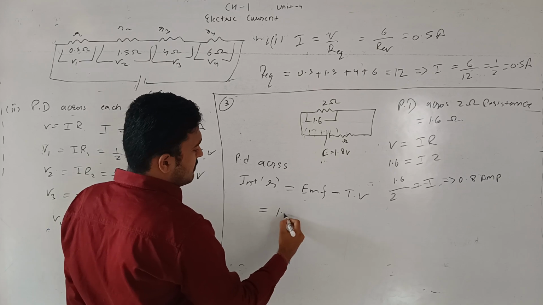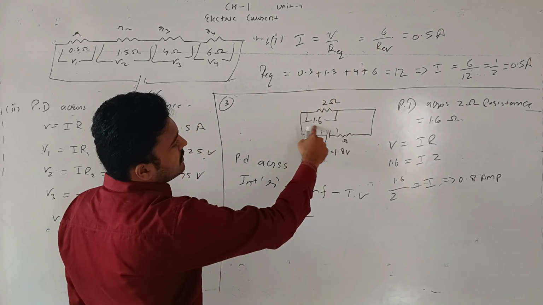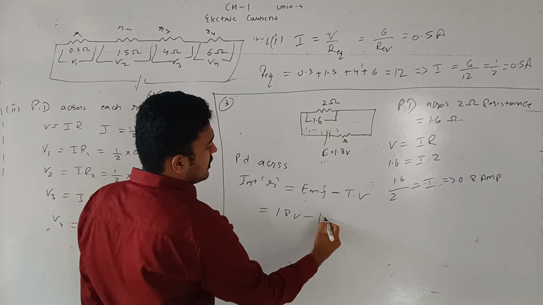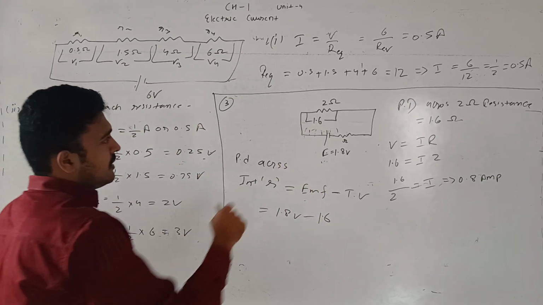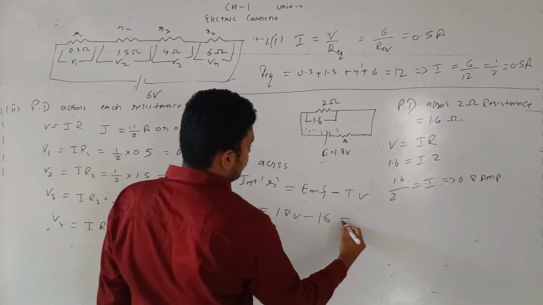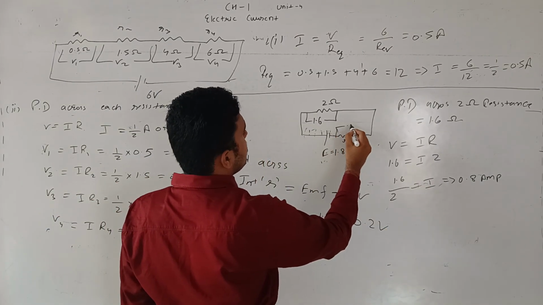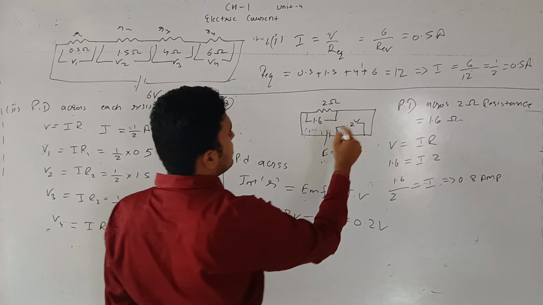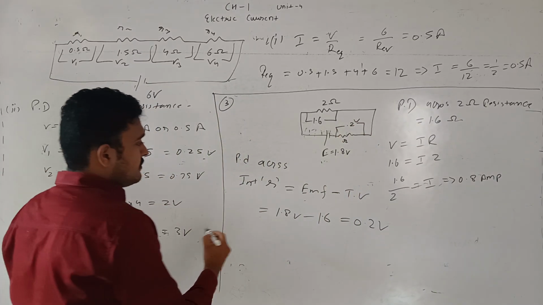So EMF is 1.8 volt minus terminal voltage, which is the potential drop across the outside circuit, 1.6. We get 0.2 volt. So 0.2 volt is the potential difference across the internal resistance.